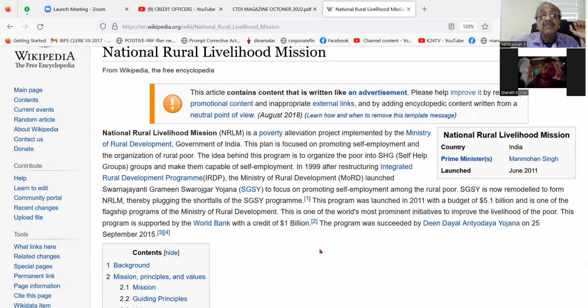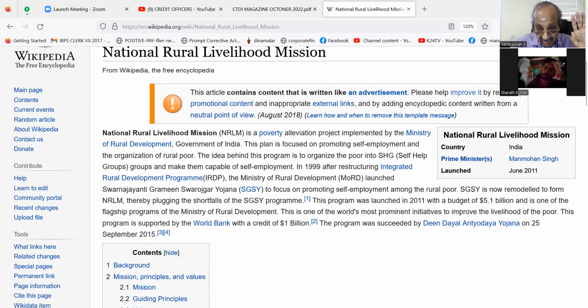In 1999, after restructuring the Integrated Rural Development Program, that is IRDP, the Ministry of Rural Development launched Swarna Jayanti Gramin Swarojgar Yojana to focus on promoting self-employment among the rural poor. SGSY. That much is sufficient.